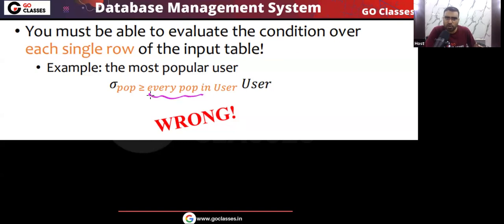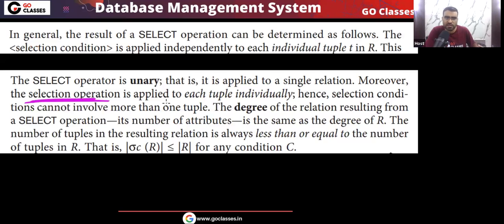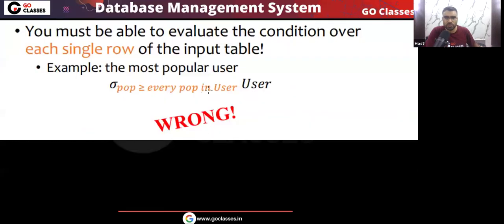So we cannot write something like "every popularity in user table". When you apply this selection operation on any tuple, assume that you cannot see the remaining tuples. So this type of query is wrong.